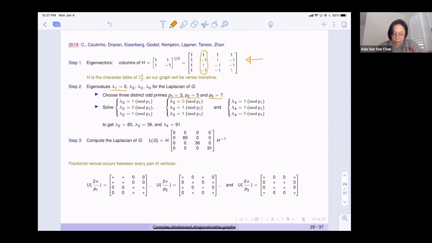So for lambda 2, I'm looking at column 2. For row 2, I'm going to look at mod P1, row 3, I'm going to look at mod P2, and row 4, I'm looking at mod P3.